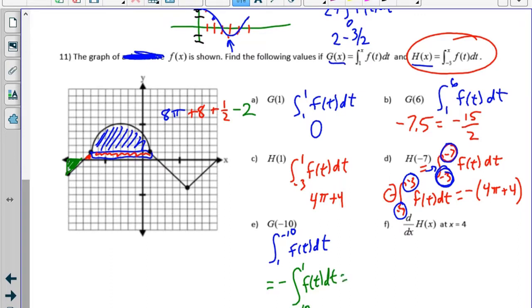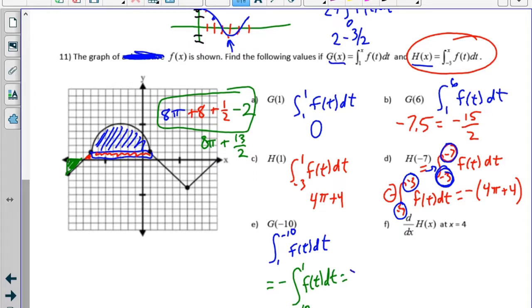So everything that I just did is going backwards. Everything that's under the axis, I'm actually going to count as positive, and everything that's over the axis, I'm going to count as negative. So whatever I get here, I'm going to have to reverse the answer. So this is 8 pi plus 6.5, and I'm going to get the opposite of that.